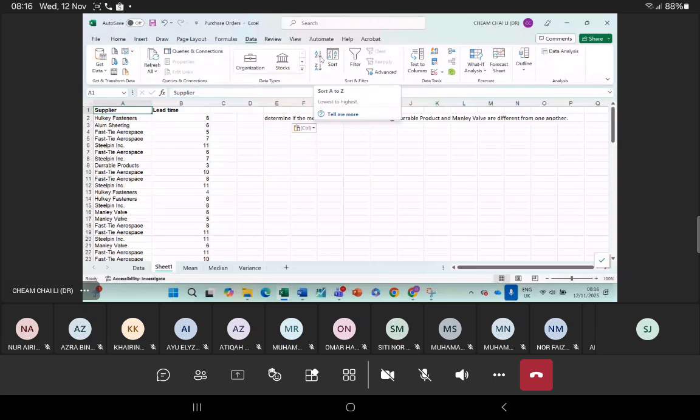When you sort it, make sure the lead time is also sorted together. Jangan sort yang supplier column saja. Both supplier and lead time must be sorted together. So when I click this sort, you see yang ni pun dah berubah kan. So that means the supplier's name and the lead time are sorted accordingly.